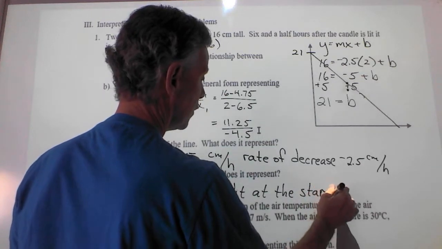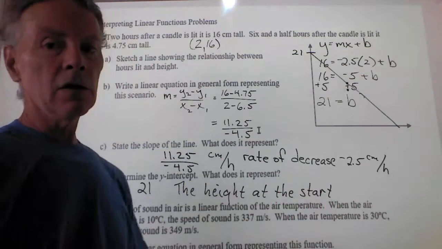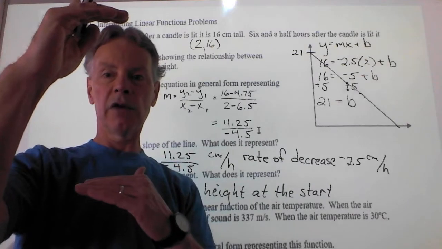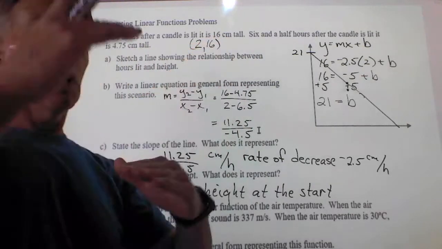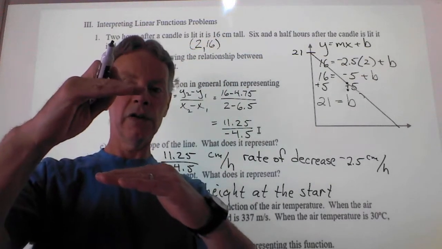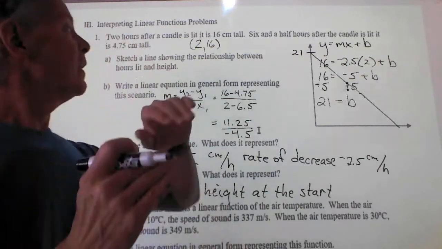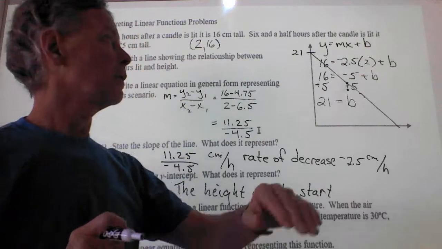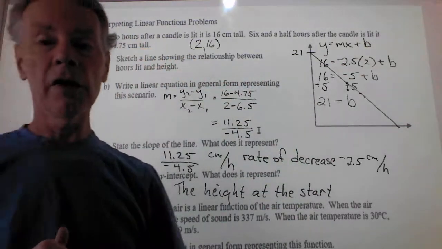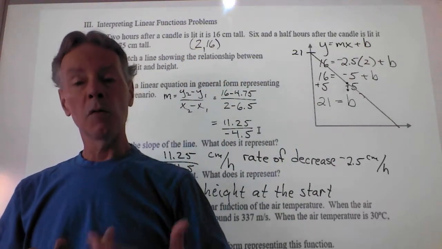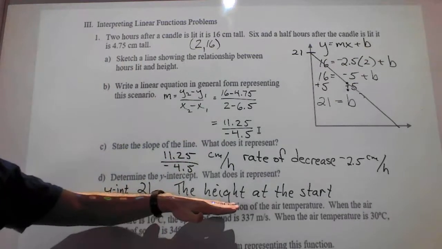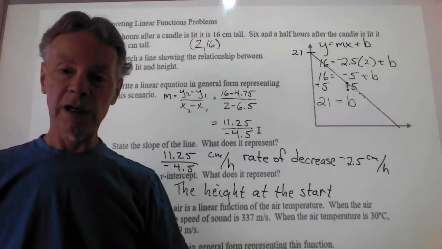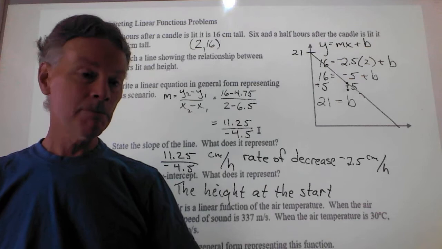Okay? So just as you lit the candle, it would have been 21 centimeters high. After 2 hours, it would have been 16 centimeters high. And then after 6.5 hours, it would have been even smaller, right? It would have been 4.75 centimeters high. So the y-intercept represents the height of the candle at the very beginning. Okay?